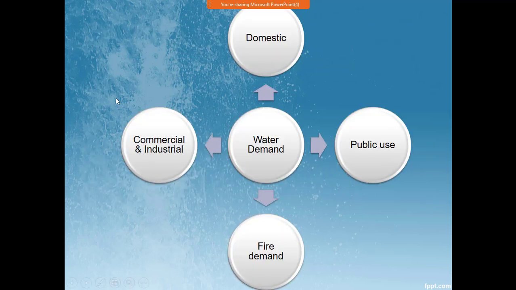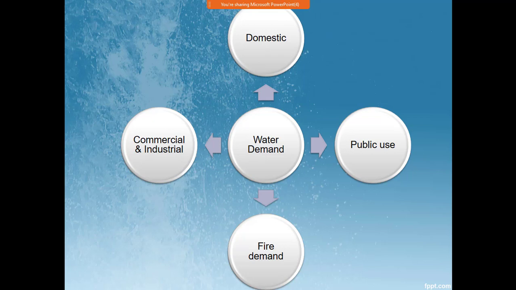Regarding the water demand, it is categorized into four types. We have the domestic water demand: houses, schools, maybe universities. Public use is like in the parks, the open areas, any kind of public use.